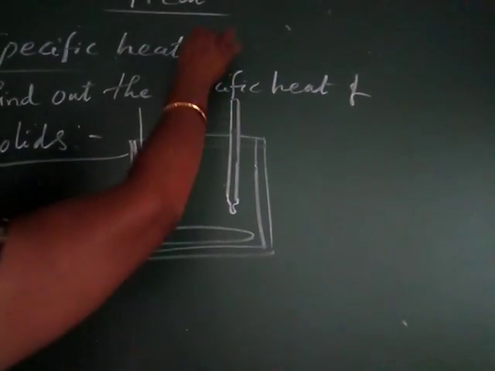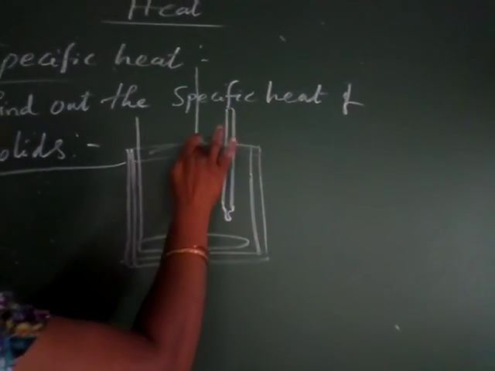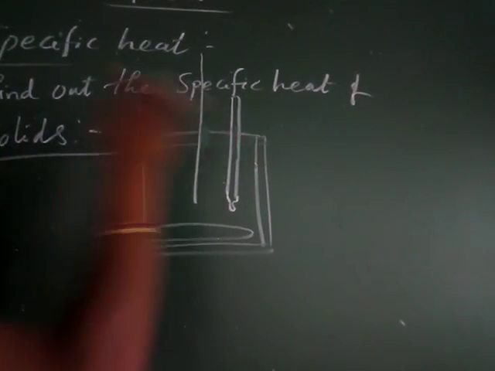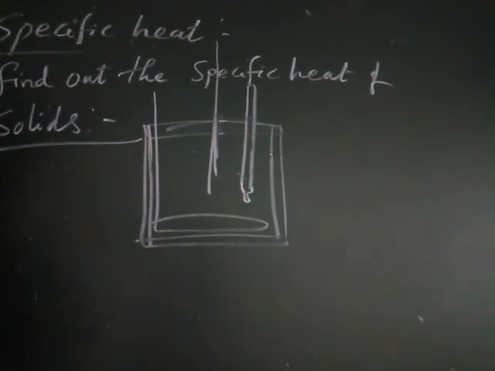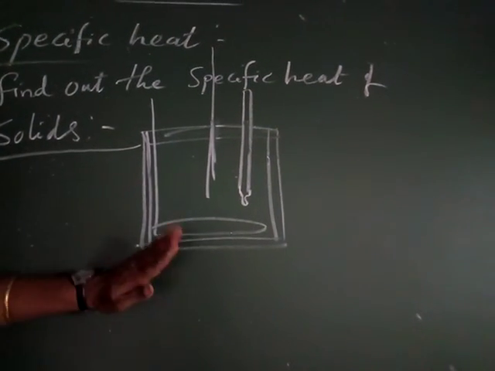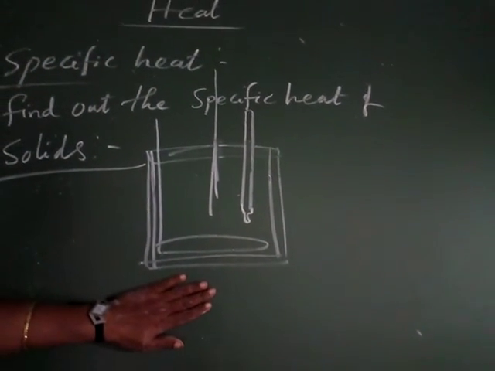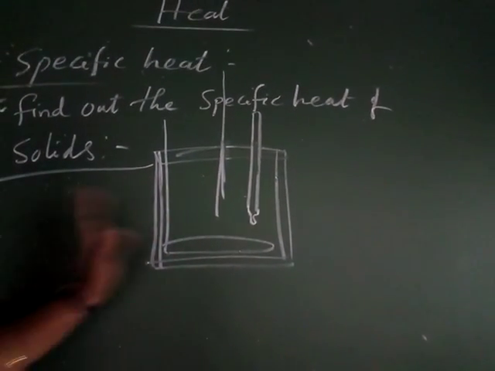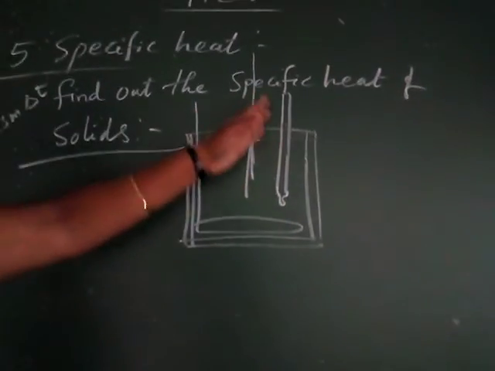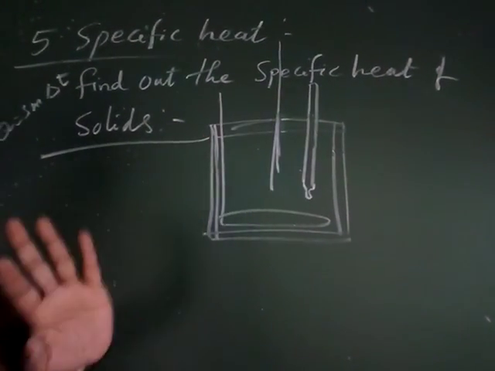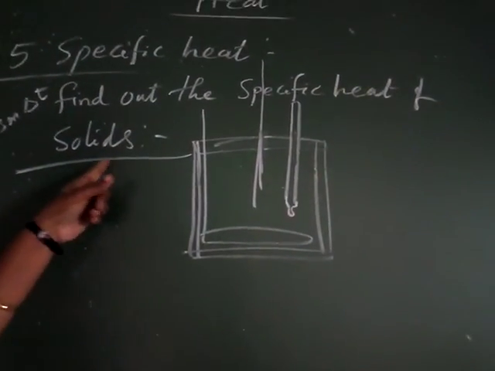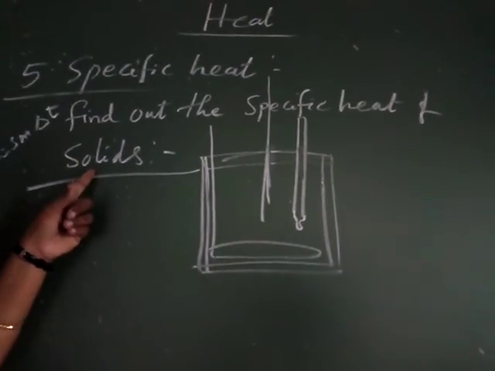And there is a hole at the middle of the calorimeter, which is made with the wooden box. There is a stirrer to stir the inside water, one hole to insert the thermometer, and at the middle another hole to insert the solids, because you have to find the specific heat of solids only.